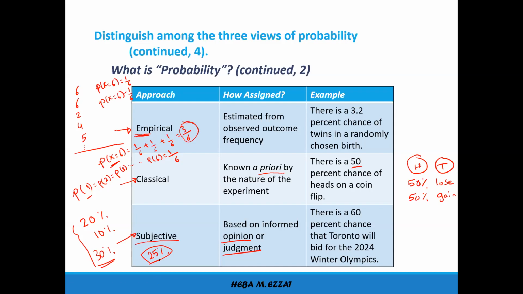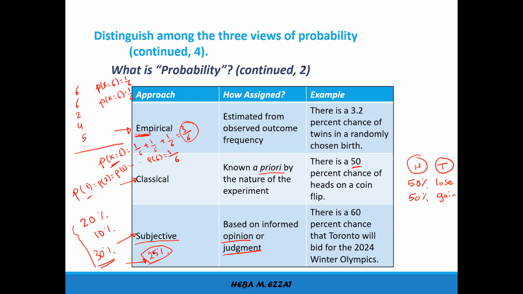What is the type of this probability? It's a question. Subjective? No. Empirical. Empirical, excellent.